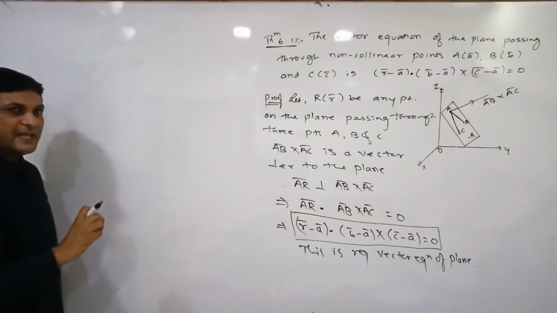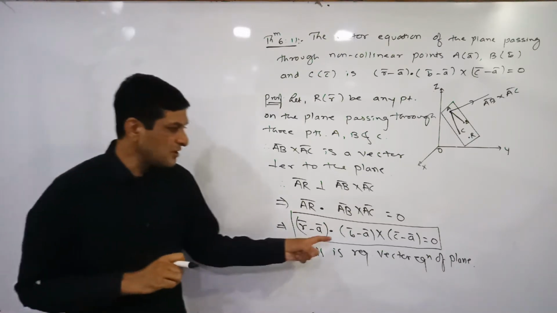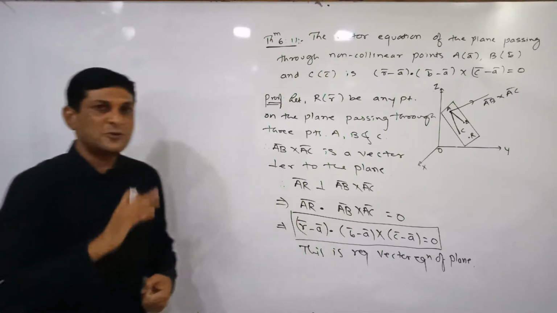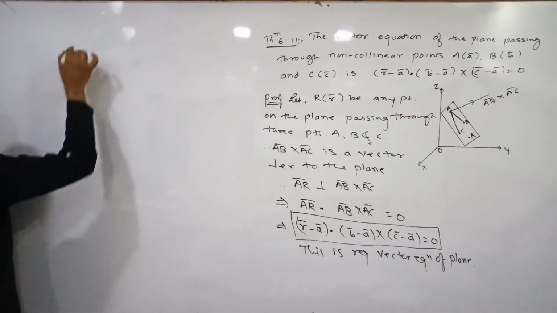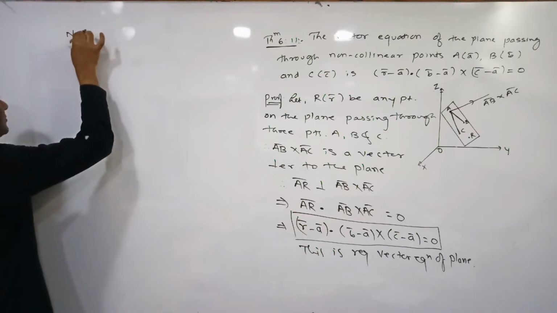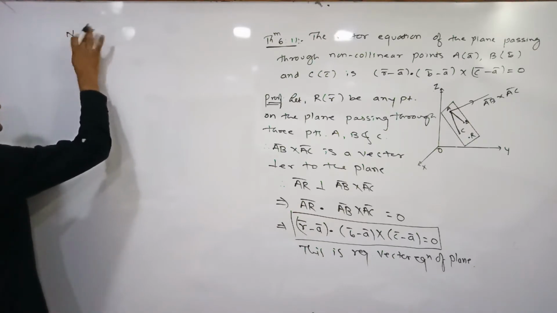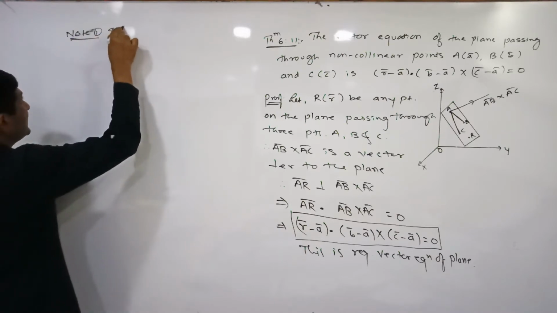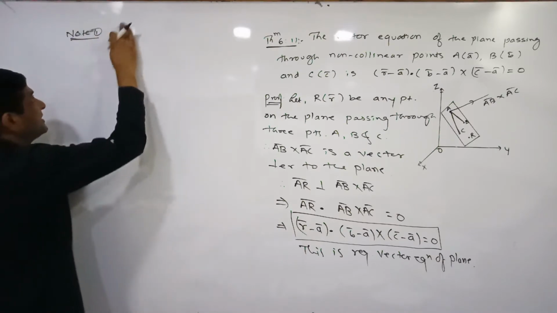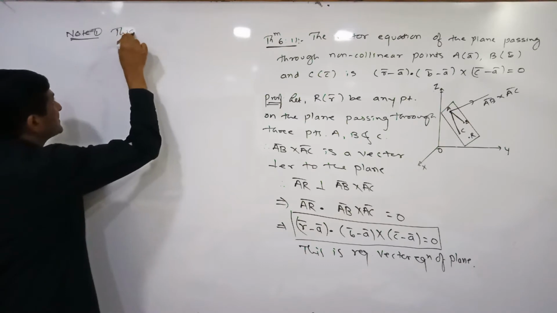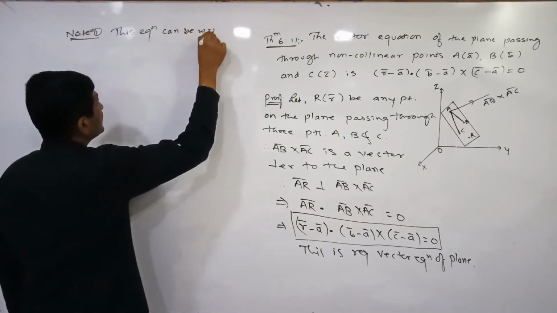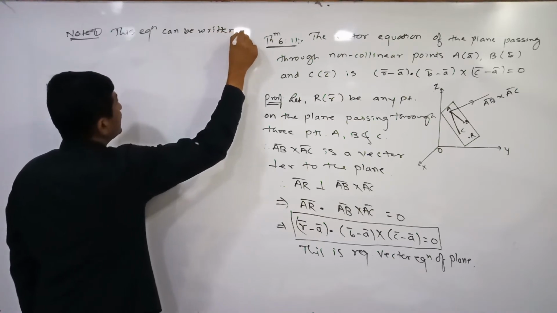But generally while solving examples, instead of applying this formula, we give priority to another formula. Try to understand that other formula. So note, write it down as a note first. This equation can be written as follows.